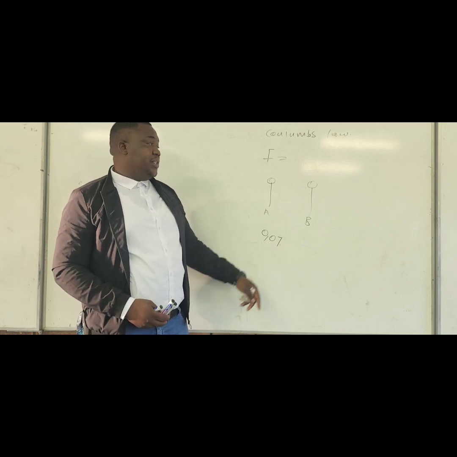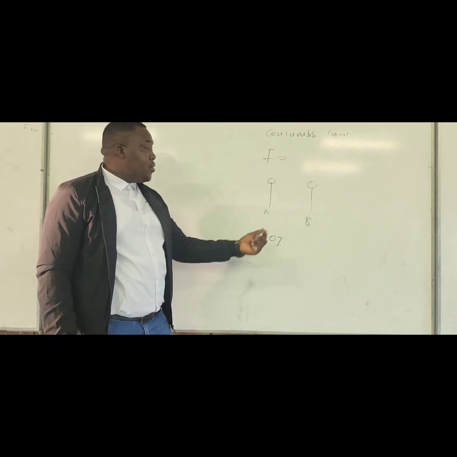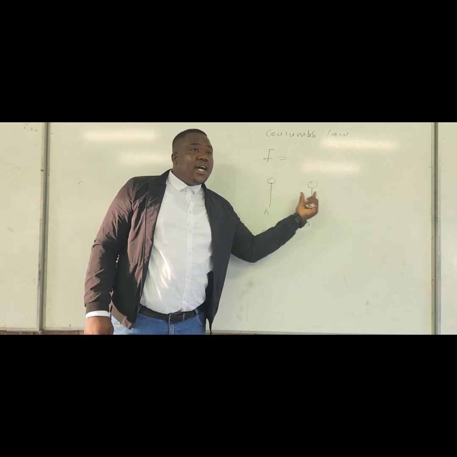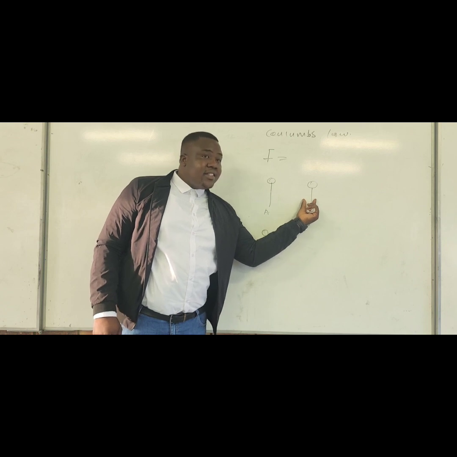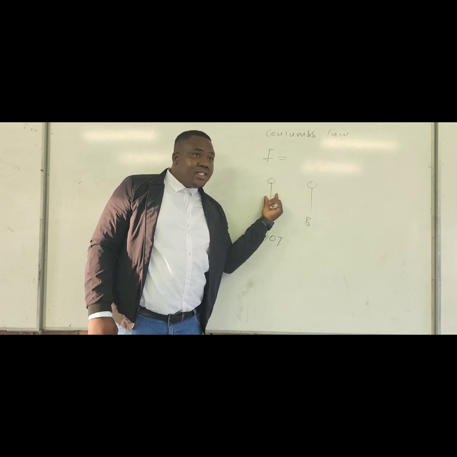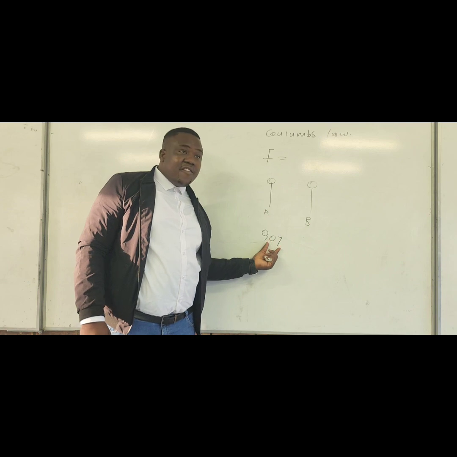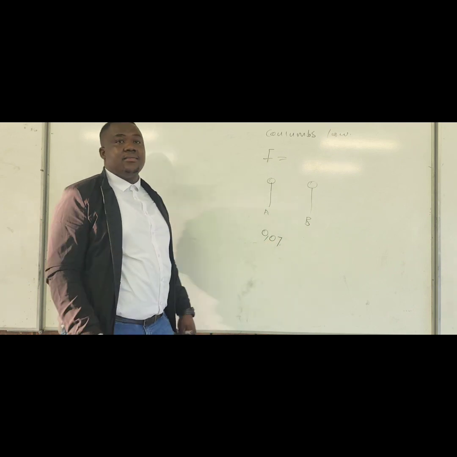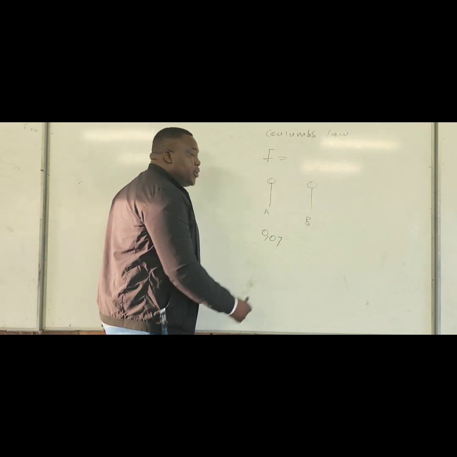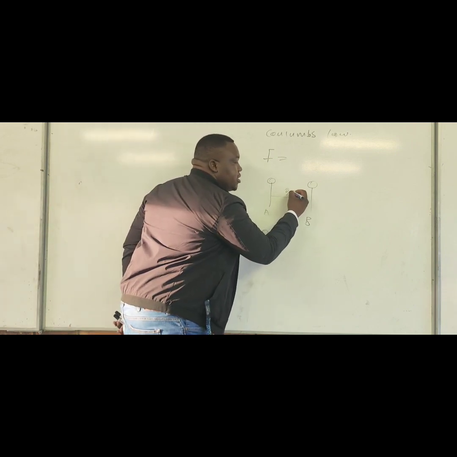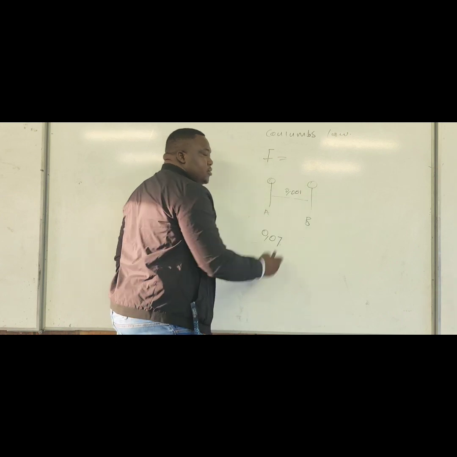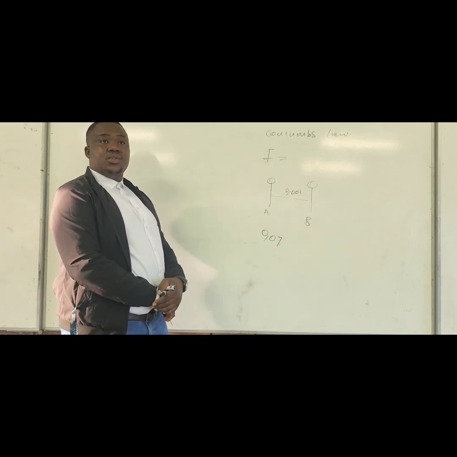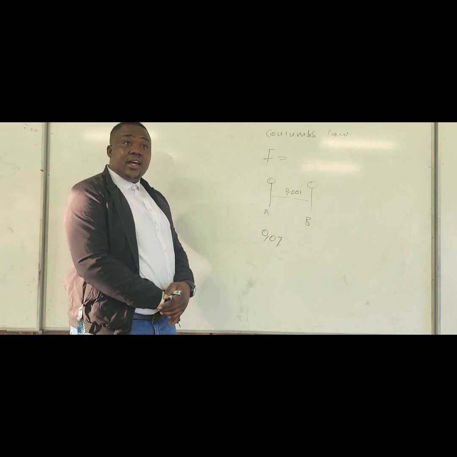They were given two spheres, but these spheres have the same charges. It means the charge that is here is equal to the one that is here, right? The electrostatic force between the two charges is 0,07. Then the distance between the two charges is 0,001. They say calculate the charge. What do you do?